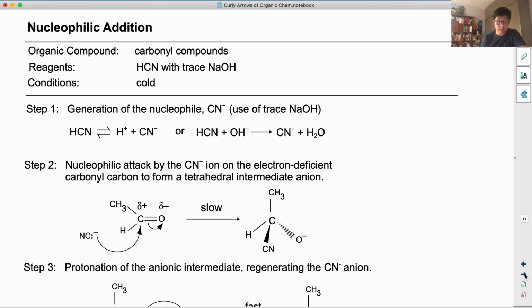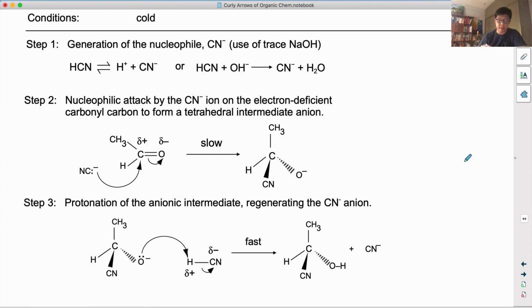Nucleophilic addition. I'm just going through the mechanism that you have learned, to put things into perspective. Very quickly, next one, lone pair. This is what I call the initial tail, and this is the final head. That's why we always draw it this way.